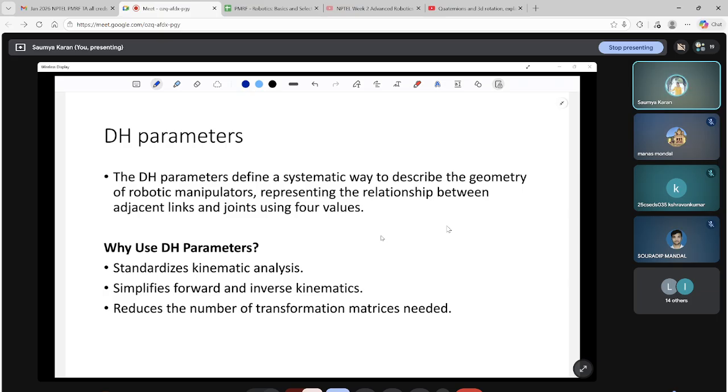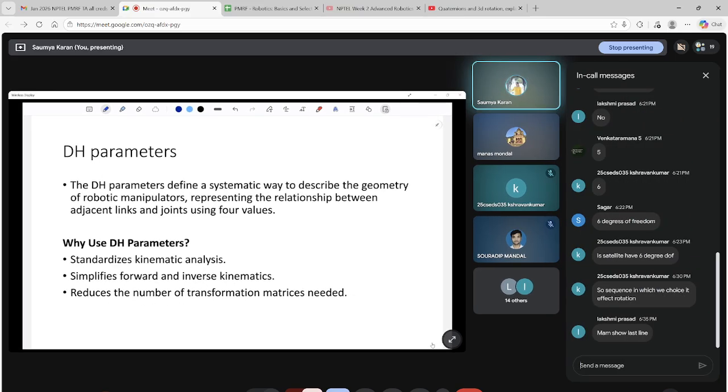Come on, full form. Denavit-Hartenberg parameter, right.